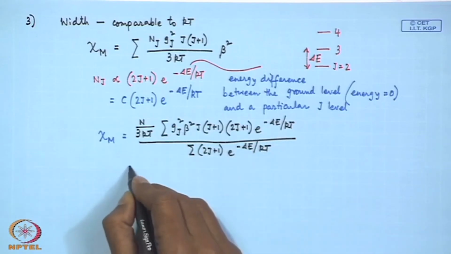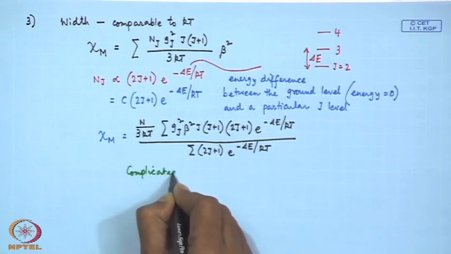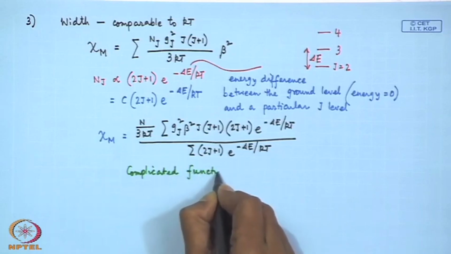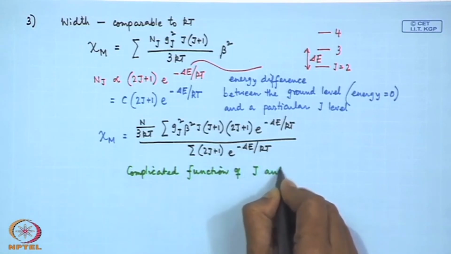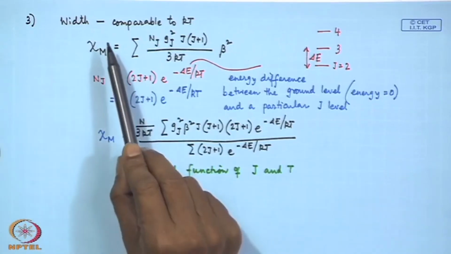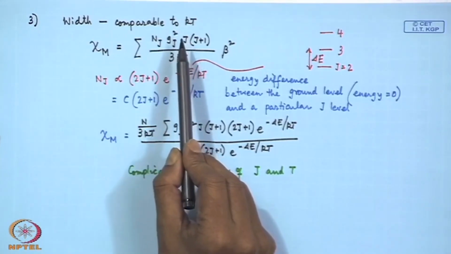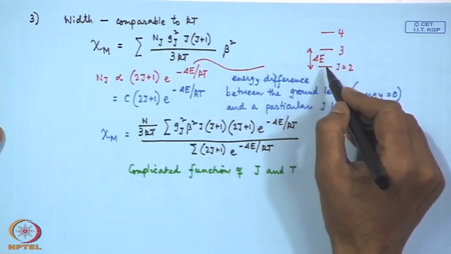So therefore it is a complicated function of J and T. That means the most difficult and most complex situation will arise when our multiplet width is only comparable to kT. That means we cannot ignore the corresponding terms related to the relative distribution of all these levels.